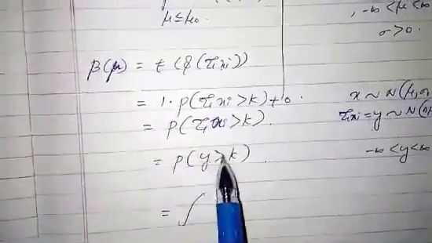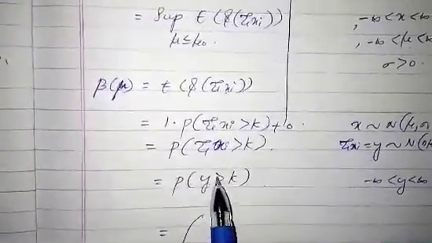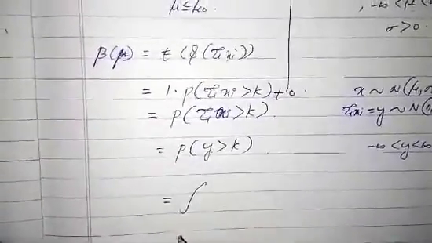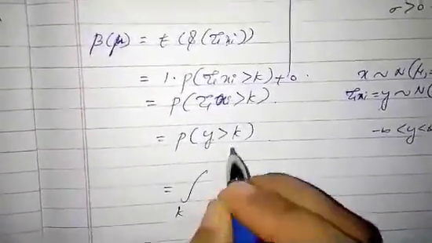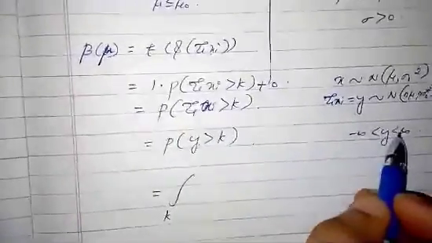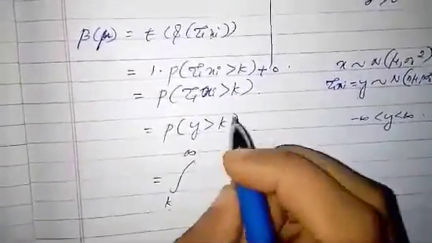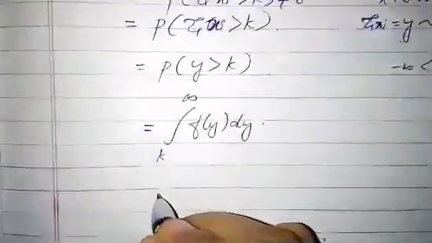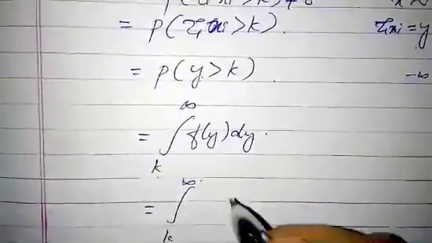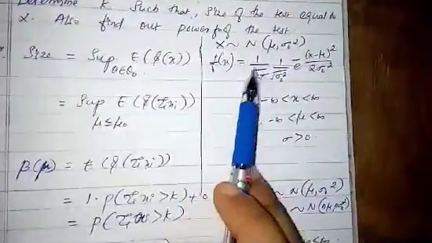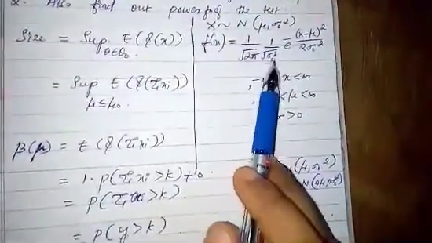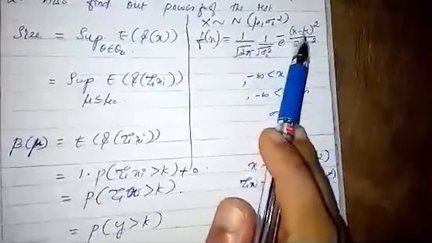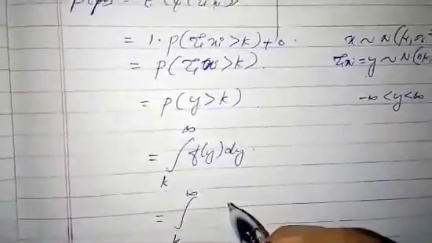So the probability that y is greater than k we can write as the integral with lower limit k to upper limit infinity of f of y dy. What is f of y then? Here f of x equals 1 by square root of 2 pi, 1 by square root of sigma naught square, into e power minus (x minus mu) whole square divided by 2 sigma naught square. Then what is f of y?